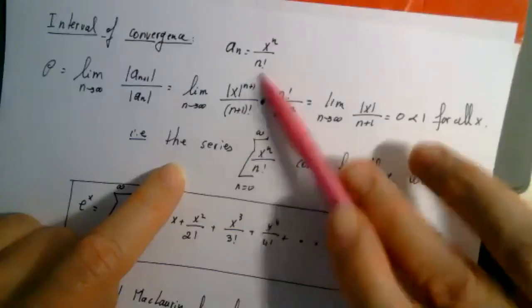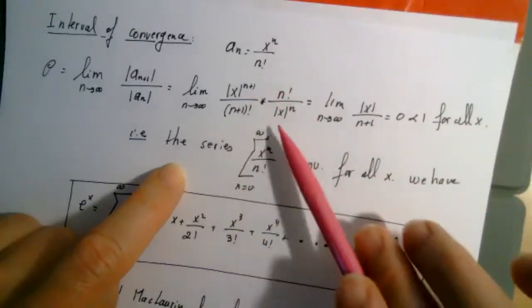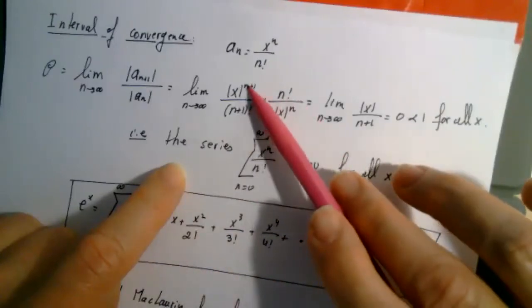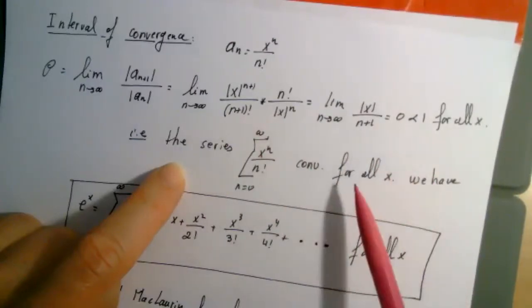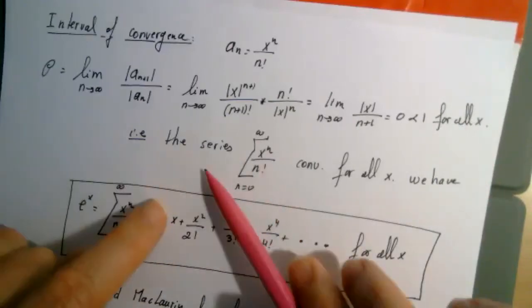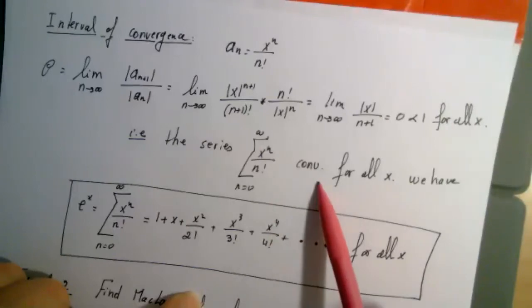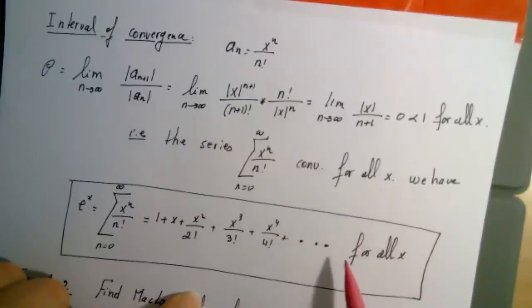So I get x to the n plus 1 over n plus 1 factorial times n factorial over the absolute value of x to the n. X to the n plus 1 over x to the n gives me the x. N factorial over this gives me n plus 1. This limit is equal to 0, which is less than 1 for all x. Which means that the series sigma x^n over n factorial will converge regardless of what x is.